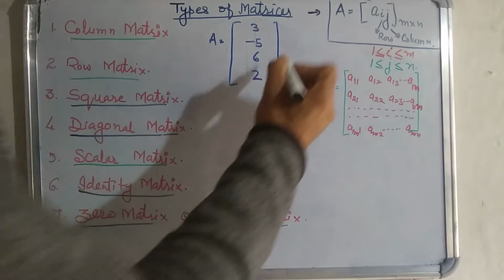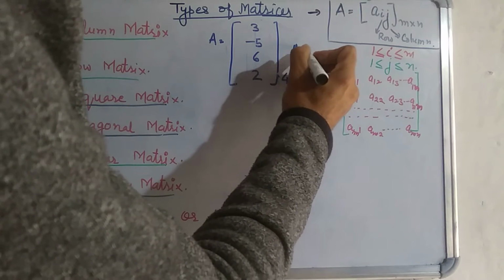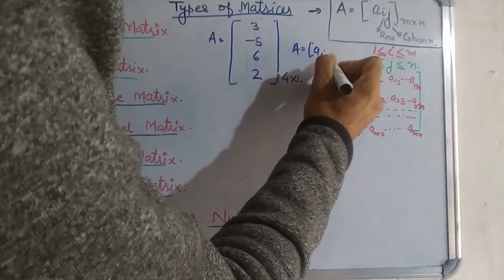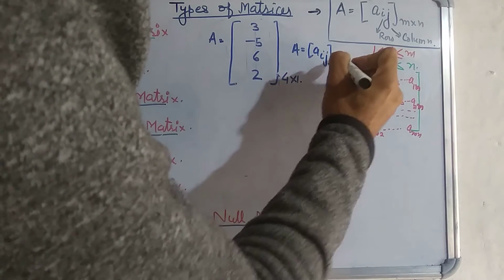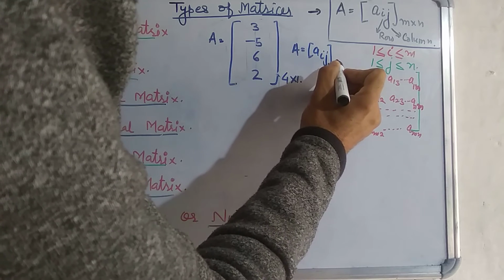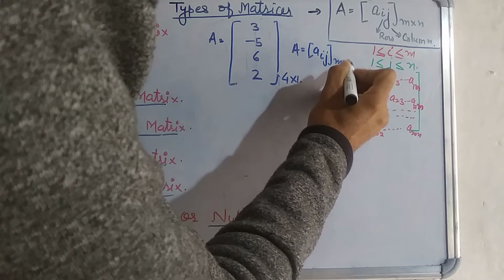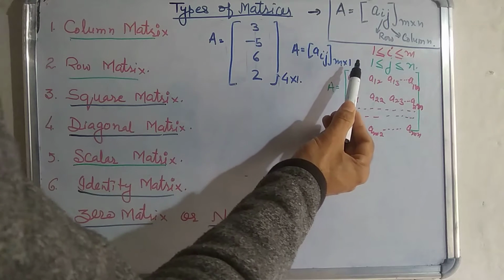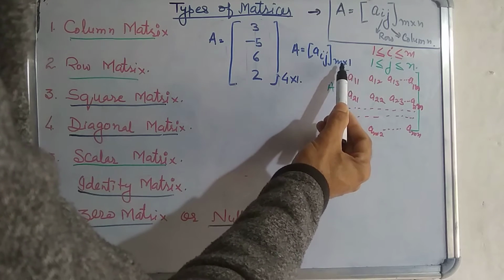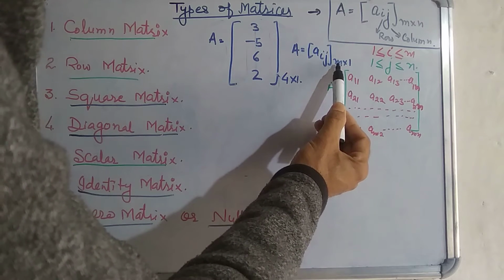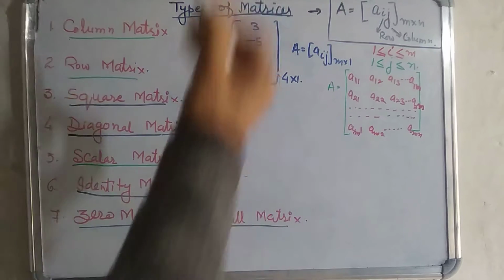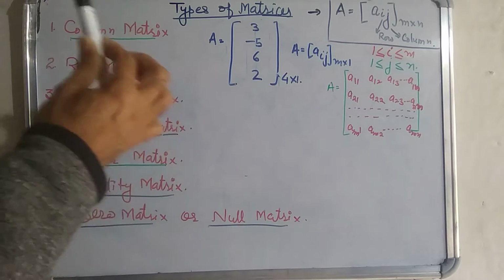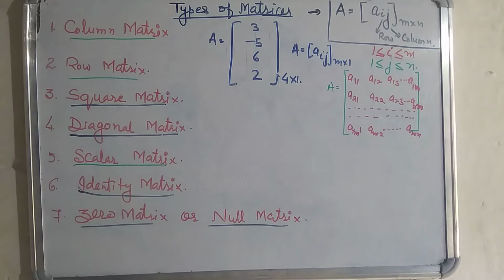In general, we can write this matrix as A equals a_ij, where the order is m by 1, where the number of columns is 1 and the number of rows is m. Means any number of rows and the column is only 1.